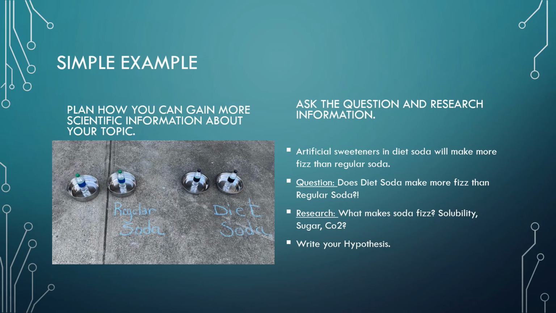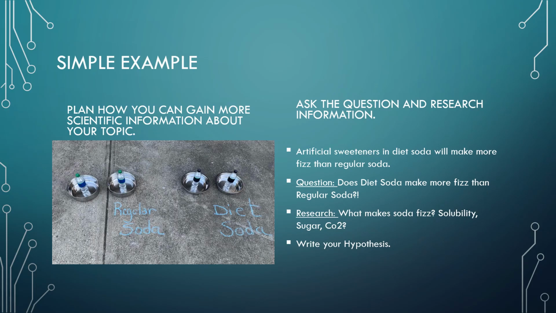To do that, you have to go ahead and dig more into what makes the soda fizz. You have to dig more to see is it the sweetener, is it the sugar, is it the carbon dioxide? What are the additives that are added to either one of them?